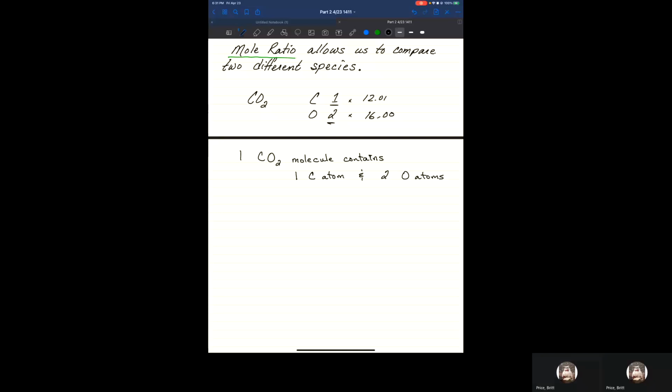Okay. Could I also say if I have 20 carbon dioxide molecules, and I could somehow split them apart? Well, that would be 20 carbon atoms and 40 oxygen atoms.